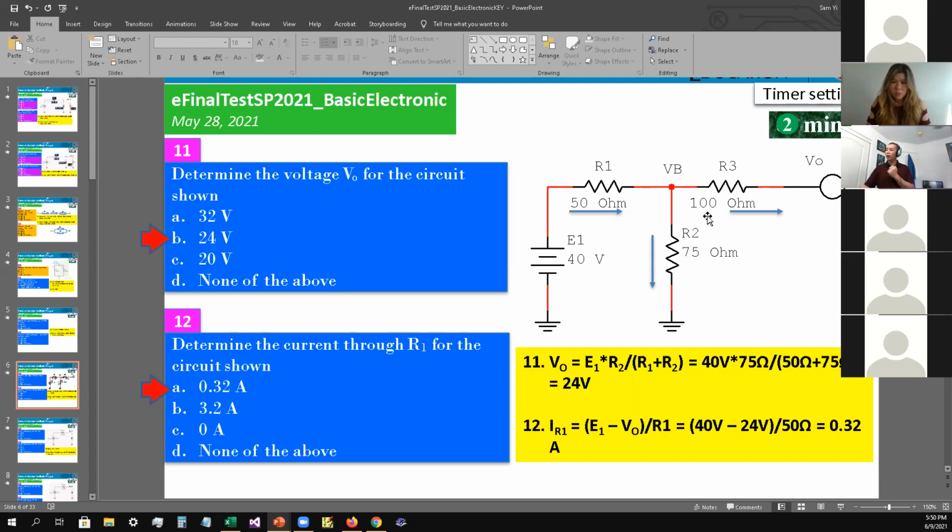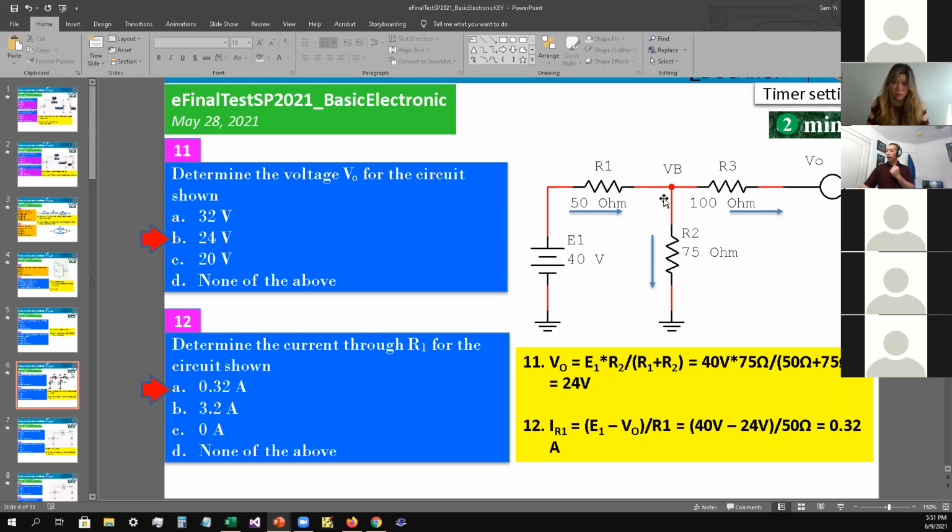R1 and R2 are in series, and then we come back into that voltage divider. So we take the voltage E times R2 divided by the total resistance, R1 plus R2, and that gives you 24 volt.